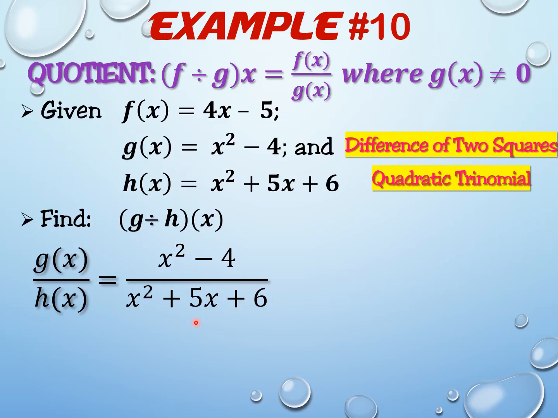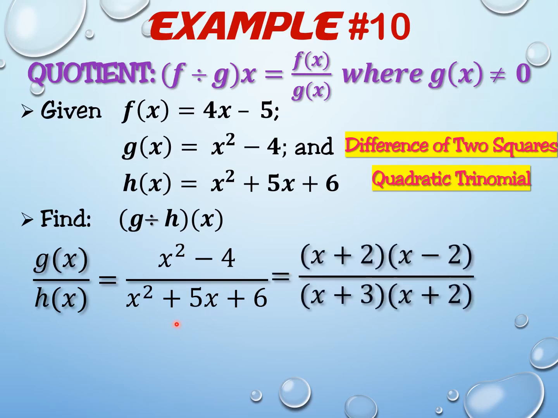Factors of 6? You can have 6 times 1, but when you add 6 and 1, that will be 7. We can also have 3 and 2, that is 6, and when you add it, that will be 5. So therefore, for the numerator, we have x plus 2 and x minus 2, and for the denominator, you have x plus 3 and x plus 2.